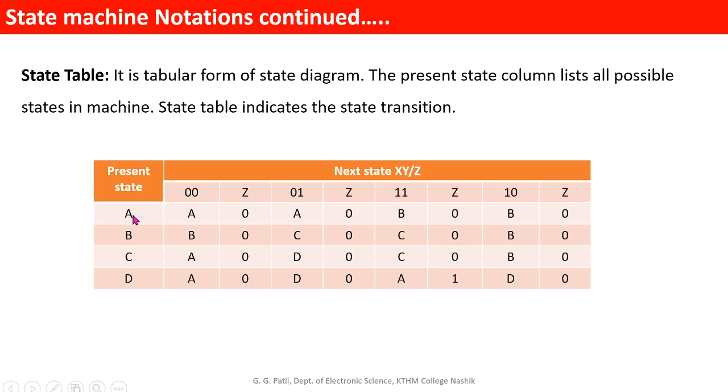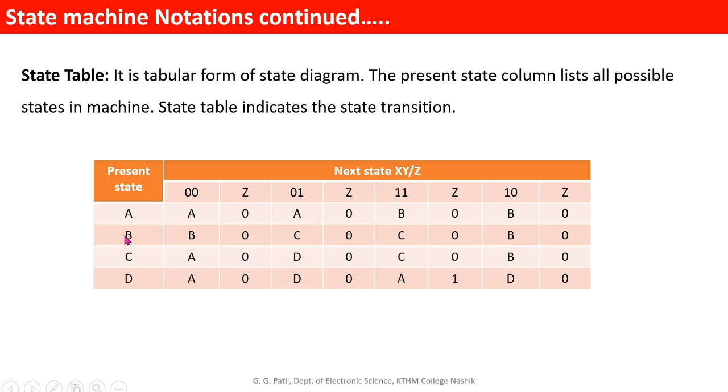So if the present state is A and input xy is 0 0, the next state is A and output is 0. See again, present state is A, input xy is 0 0, then the next state is A and output is 0.